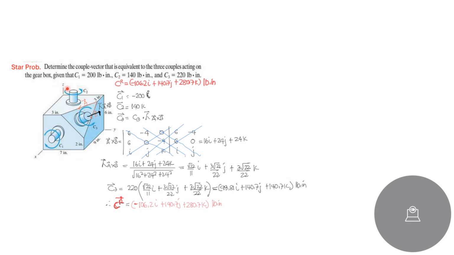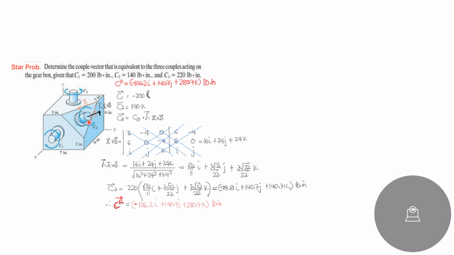So this is the positive sense. This is the positive direction of your right thumb. The four fingers curl in that direction, so it has the same sense. So it is equal to the magnitude of C sub 2, which is positive 140k.